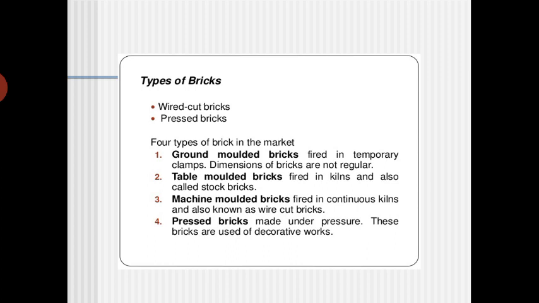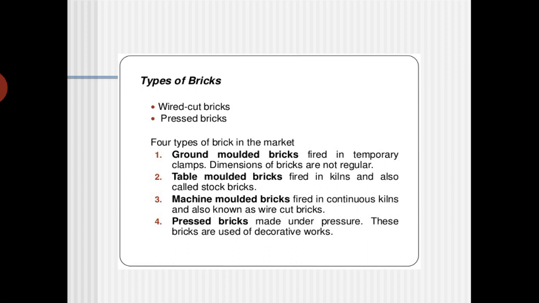Machine molded bricks are fired in continuous kilns and are also known as wire cut bricks. Sometimes they use the standard mold, keep the bricks for sun drying, and after sun drying they burn them in the kiln process. That we can call machine molded bricks.